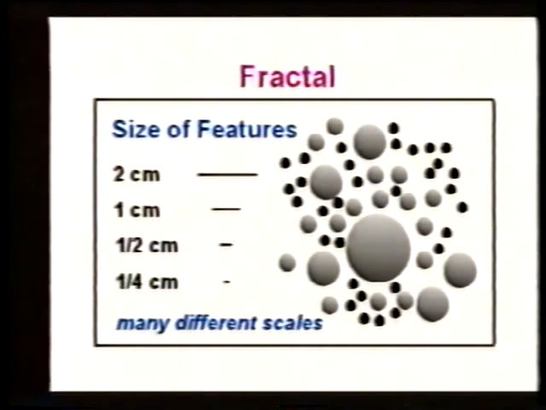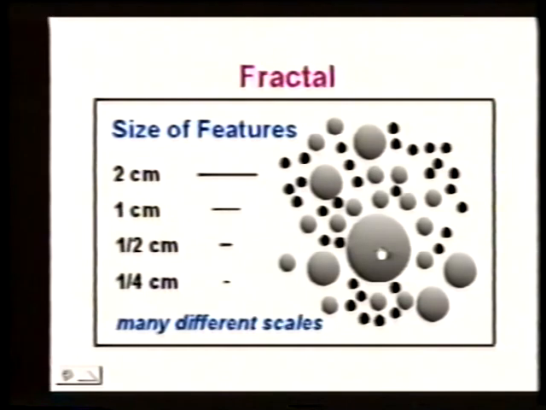But that's not the case for a fractal. So this shows what I was showing at the end before we took a break of an object or a set of pieces that has a few big things, lots of medium-sized things, and a huge number of small things. And as I said, we can think of these either as pieces of an object, or we can think of these symbolically of values measured from the experiment.